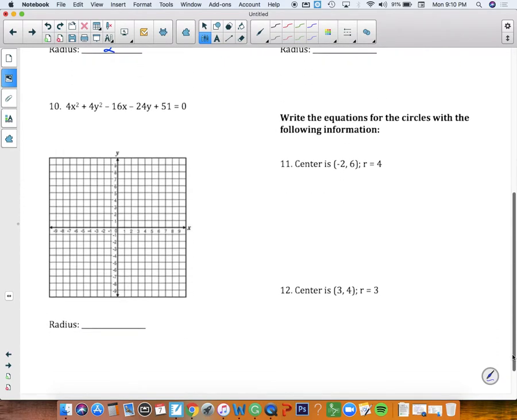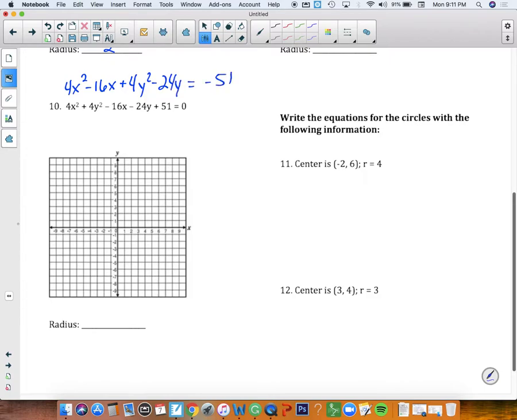Okay, number 10 is kind of the harder one. We have to figure out what the equation is, and you're going to have to complete the square. So remember, in order for us to complete the square, we had to group the x's and group the y's and divide by the stuff out front. So if we group the x's, we have this. Oops, so it should be 4y squared minus 24y, and we want the constant on the other side.